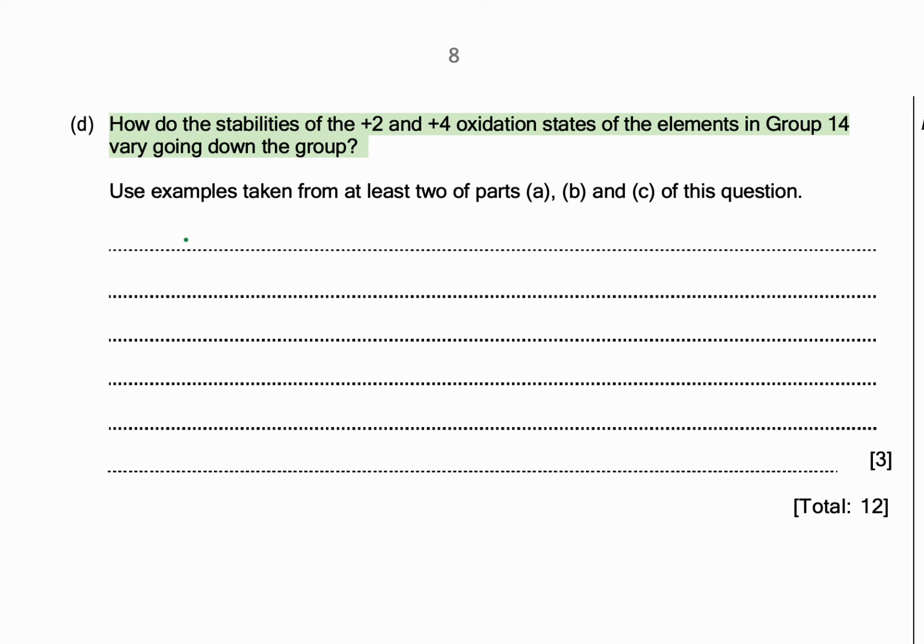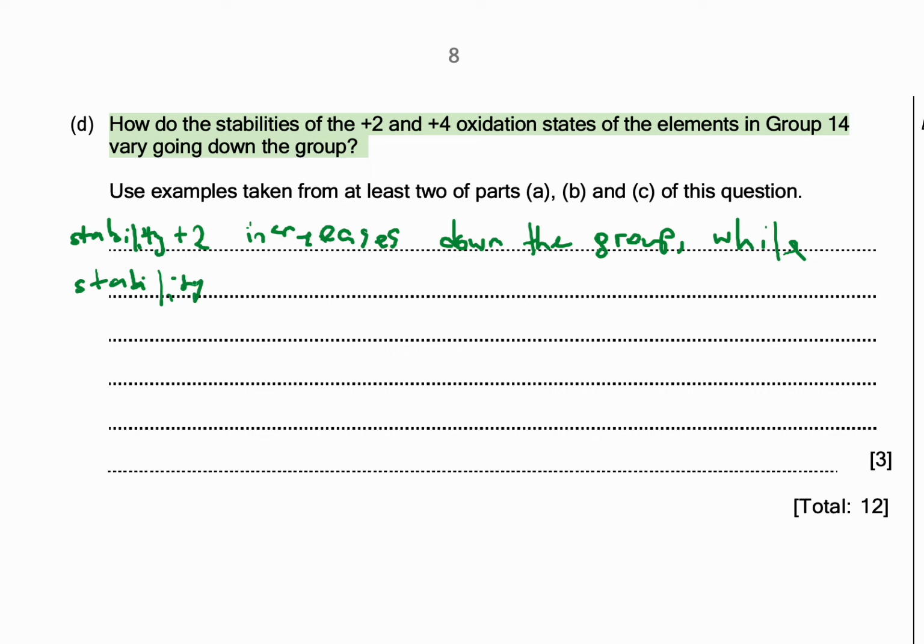So the stability of the +2 oxidation state increases down the group, while the stability of +4 decreases down the group.